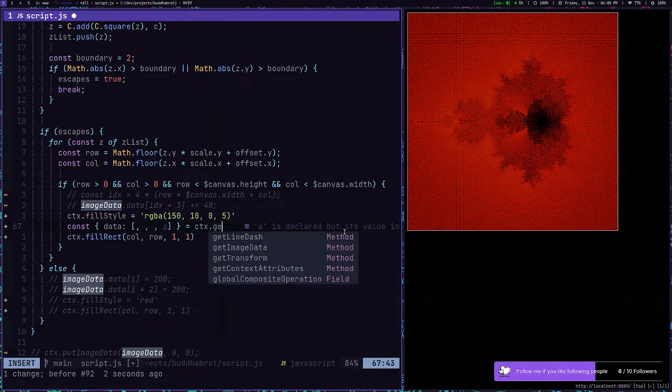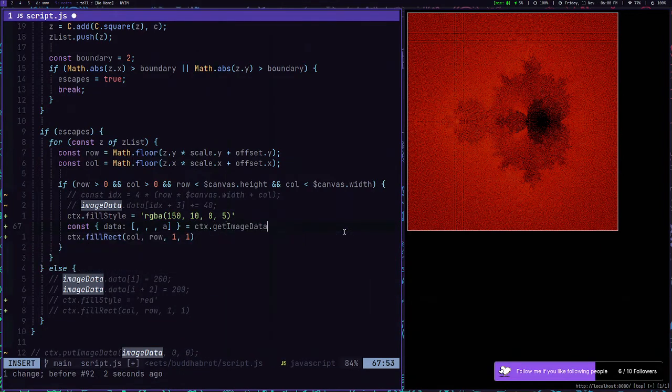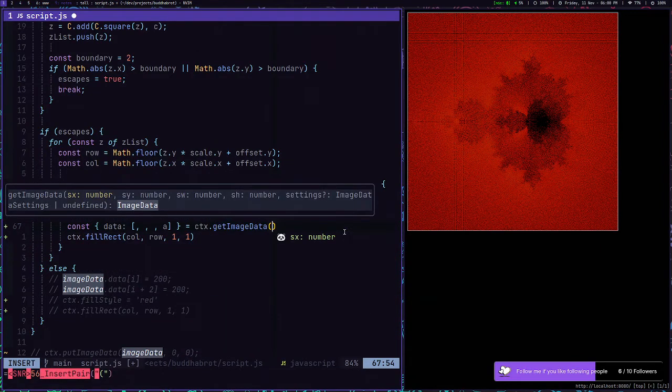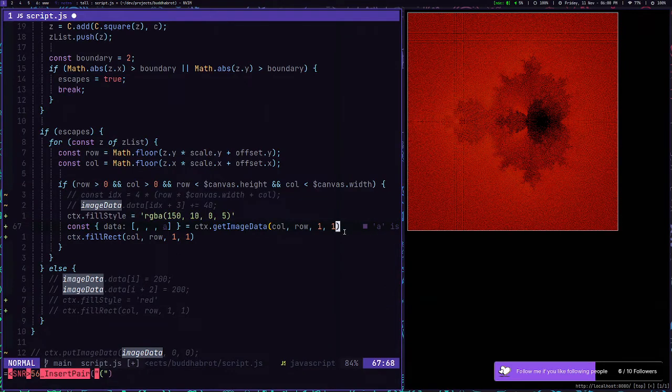This is ctx.getImageData, and the x and y is col, row, and width and height is 1 pixel. Okay, we are getting 1 pixel. All right, so the fill style would change to string interpolation.